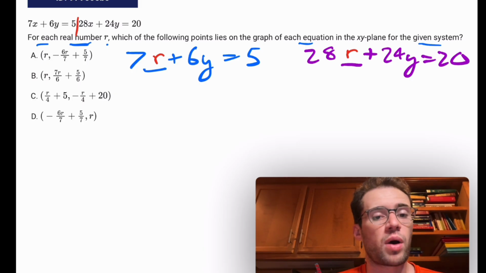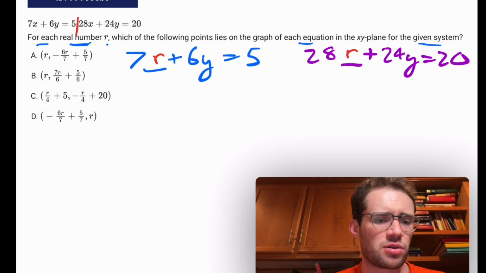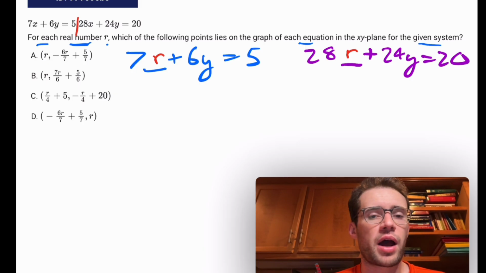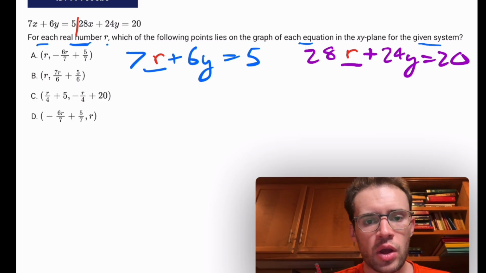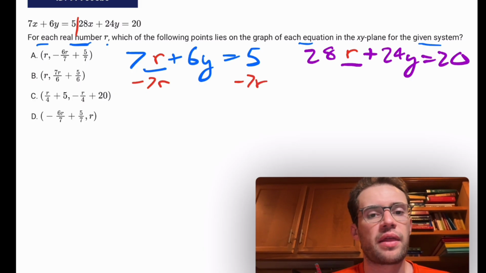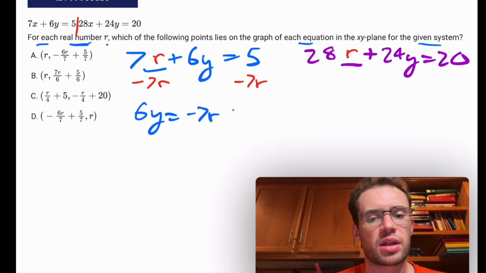Now we just need to solve for y. Oh, I guess this is the other way you could do it, is just get y alone from the get-go. So we could say, right, that you'd subtract 7r from both sides, or you could think of it still as 7x. And that would mean that 6y equals negative 7r plus 5. Divide everything by 6 to get y alone.